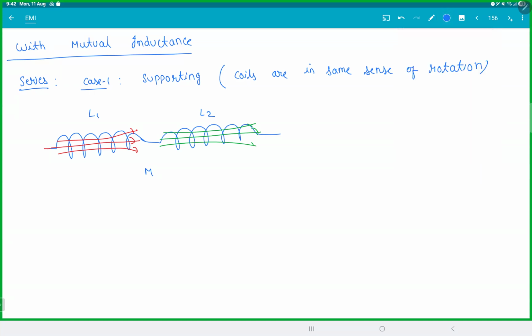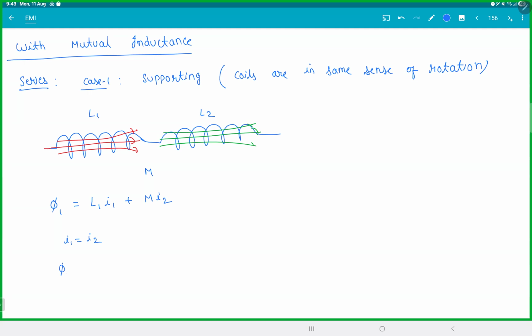So if I write the flux in the first coil, it will be L1 I1. This is your self-inductance, the flux because of the current in your own coil, plus mutual inductance M into I2. This is the flux due to the second coil on yourself. But I1 is equal to I2 here because they're in series.